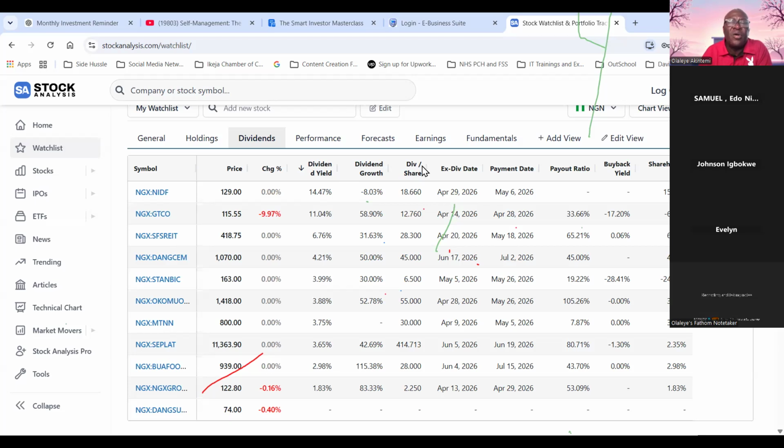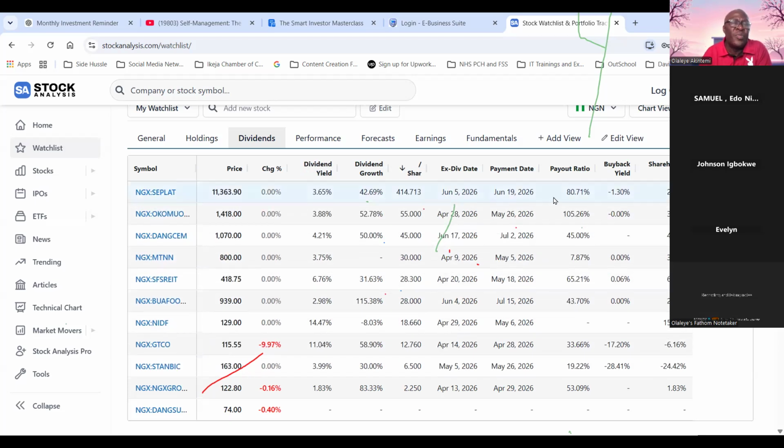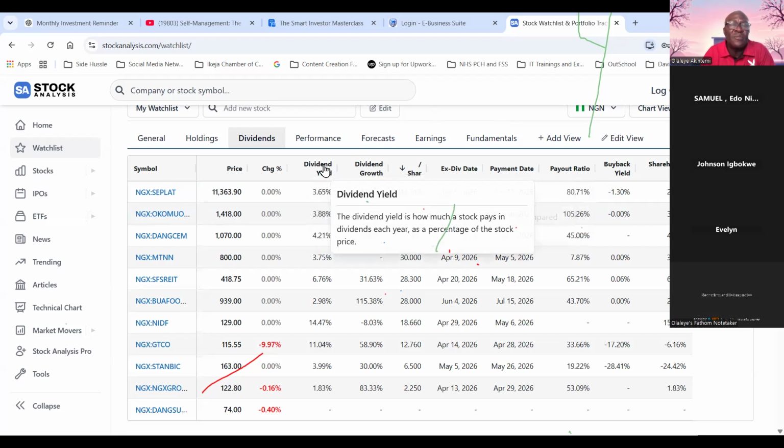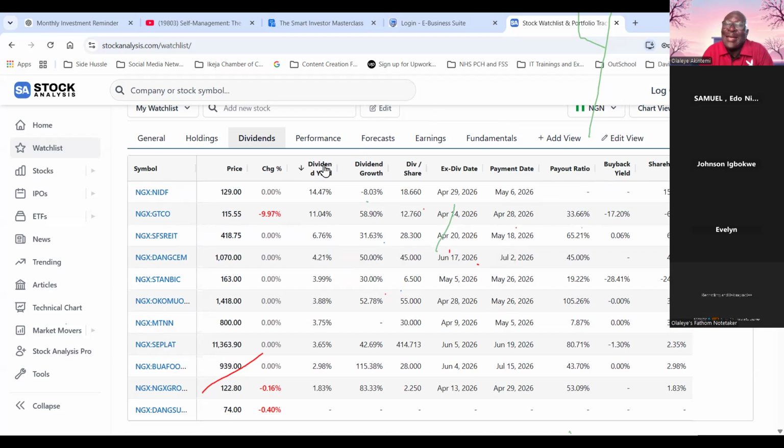Okay, like we said earlier on, Seplat is paying 414 naira per share, which is very good, which is very generous. There's no doubt about it. But if I have to look at which of my stock is giving me the best return, I'm going to say it is, let's say, NIDF.